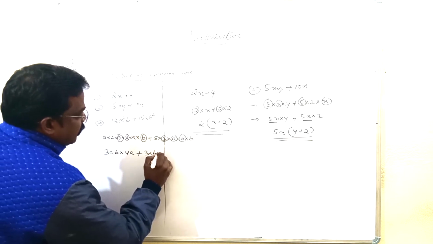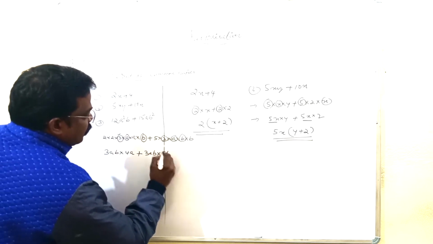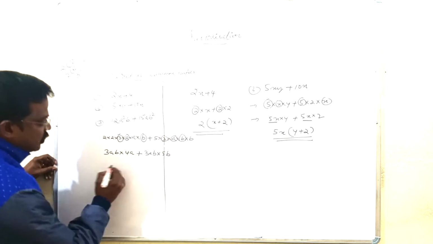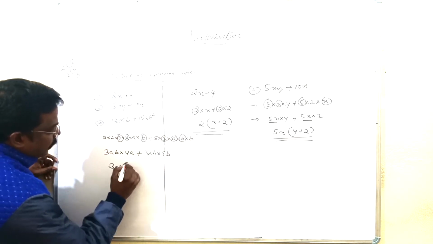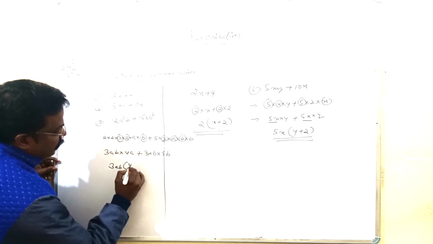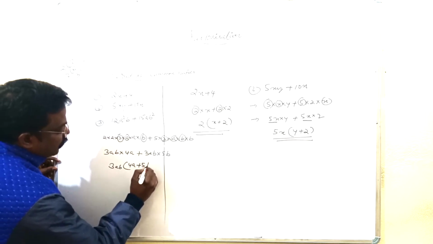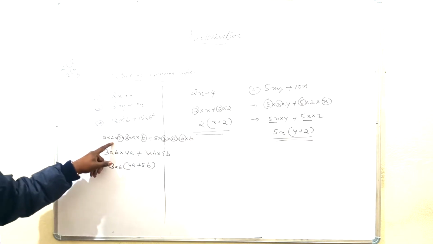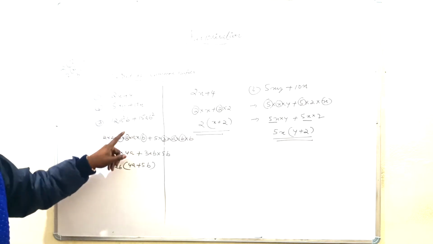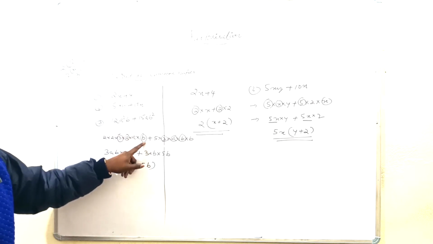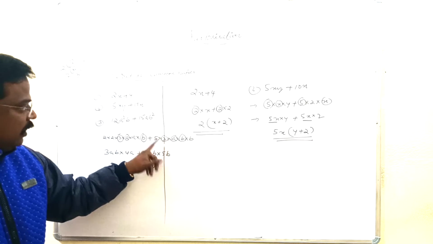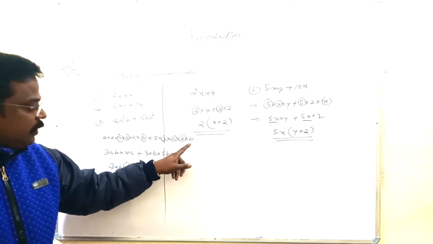Then what things remain? 5b, 5 into b. Then we take 3ab as common. Then what are the terms remaining? 4a plus 5b. So 12 can be factorized as 2 into 2 into 3, then a square b, a into a square into b. 15 can be factorized as 5 into 3, a into b square, b into b.